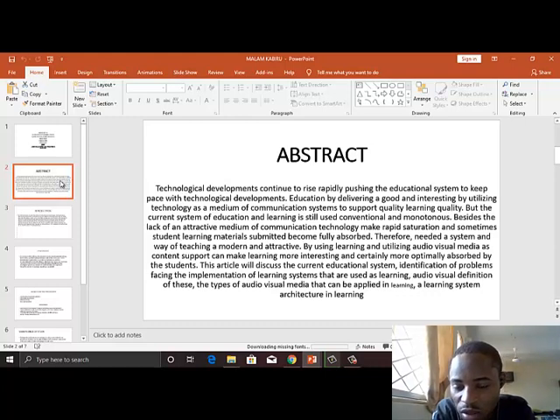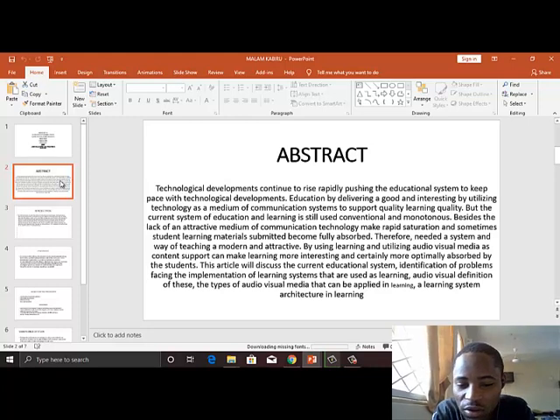learning materials submitted to students not fully observed. Therefore, a system and way of teaching that is modern and attractive is needed, utilizing audio visual media as content support, which can make learning more interesting and certainly more optimally observed by the students.